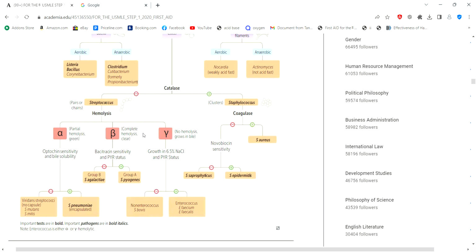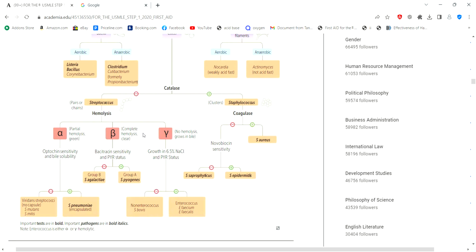The red stands for resistant to said bacteria or test, and positive means that it is sensitive to said test or bacteria or antibiotic.